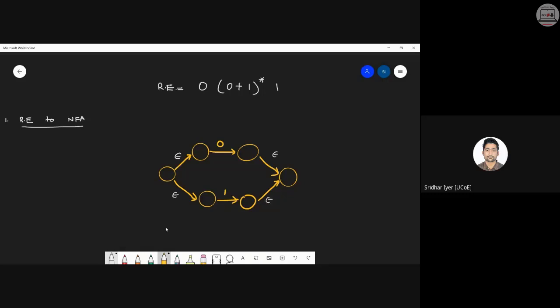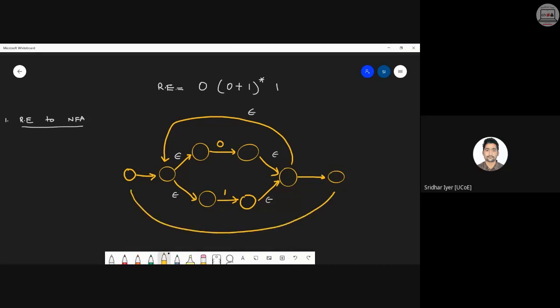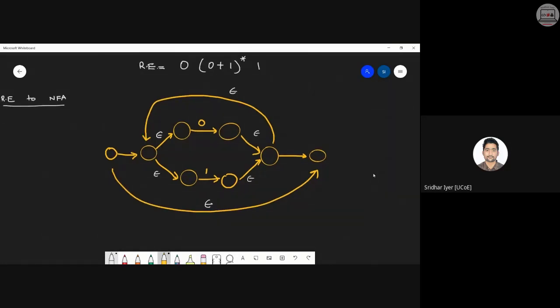It is a closure, hence we need to add one state at the beginning and one state at the end, and then draw the loops. This will be the first loop, and this will be the second loop with epsilon. This is 0 plus 1 closure. Now we need to add a 0 at the beginning and 1 at the end. This is 0 and this is 1. So this is your diagram.